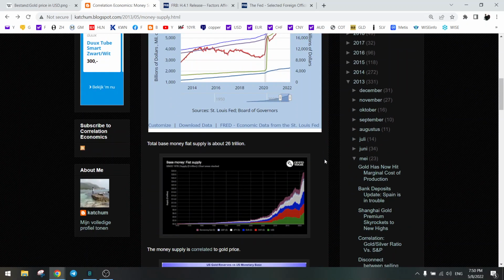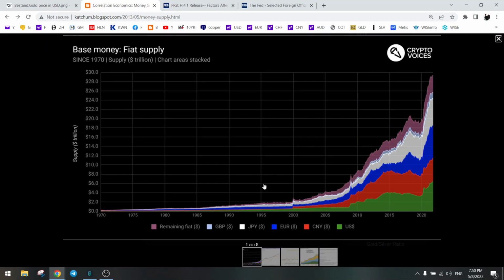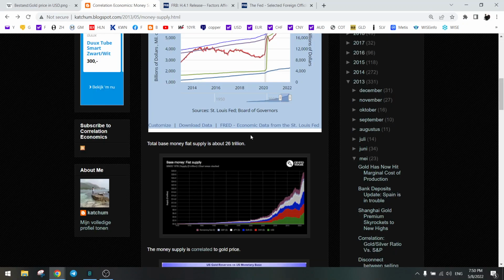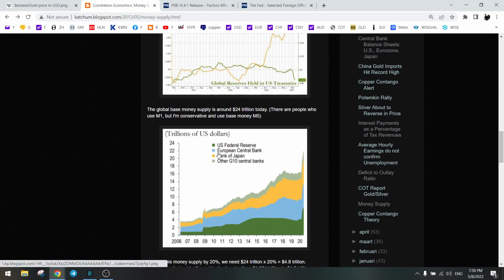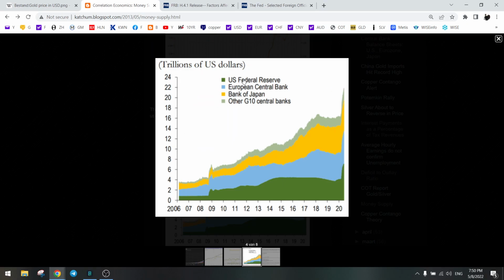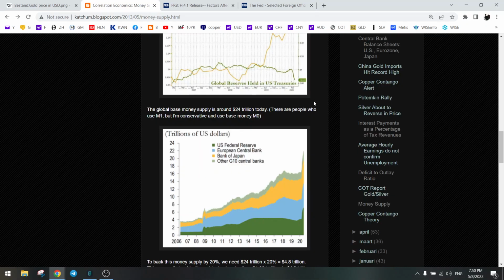And when you add all the base money together, then we're around, let's say 25 trillion, right? So here it is 25 trillion. When you add all the base money together of all the central banks.